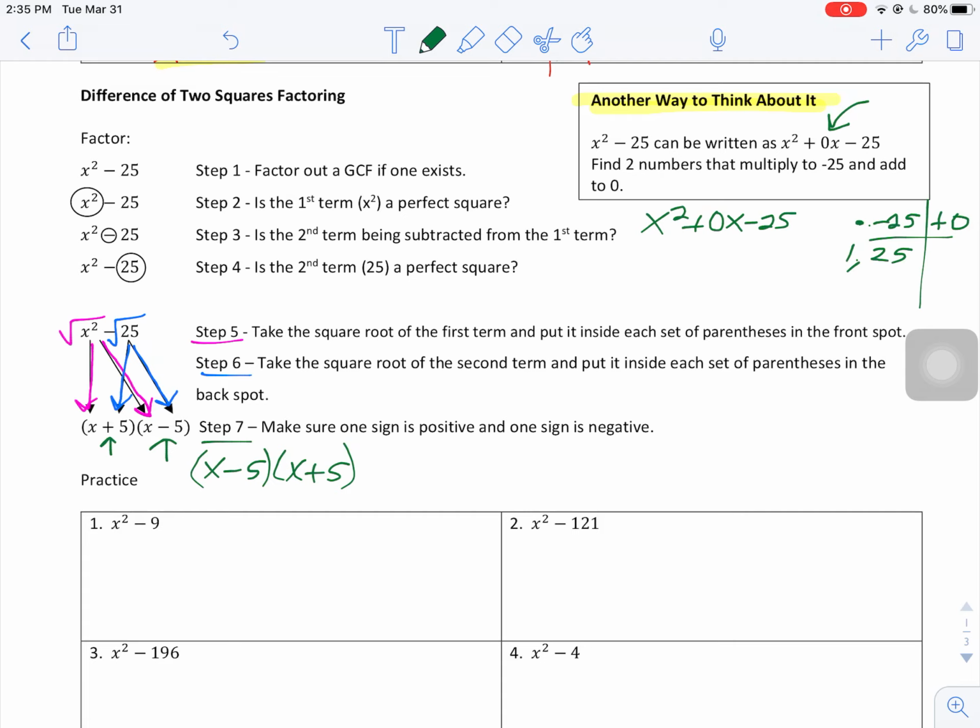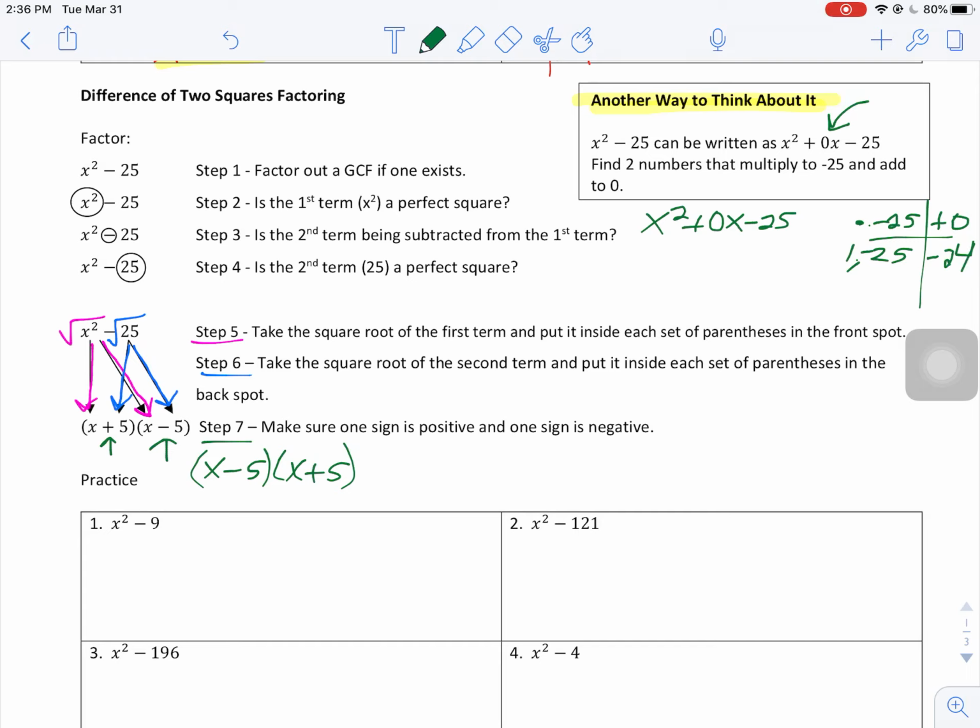I'm trying to multiply to a negative number, so one of those numbers would have to be negative. And since I'm adding up to 0, the two numbers I'm picking need to be the same number, just with opposite signs. So 1 and 25, that's not going to work. I'm just going to throw the negative sign on the 25 just so I remember that one of the numbers has to be negative. And that would not be negative 26, but negative 24.